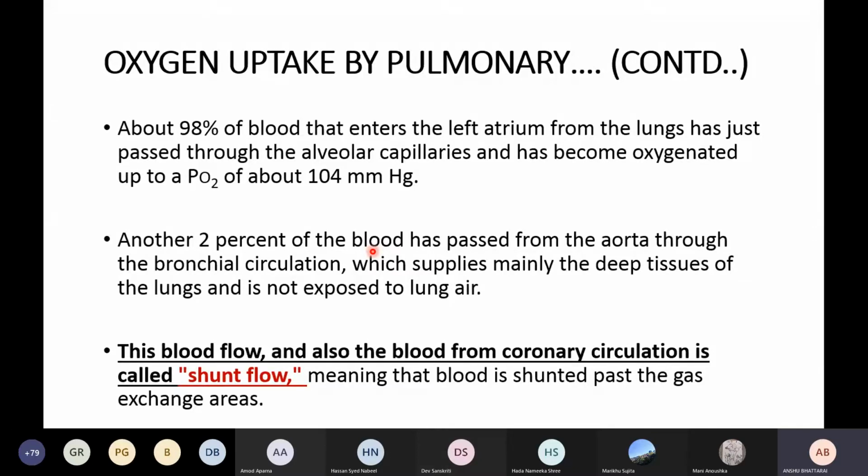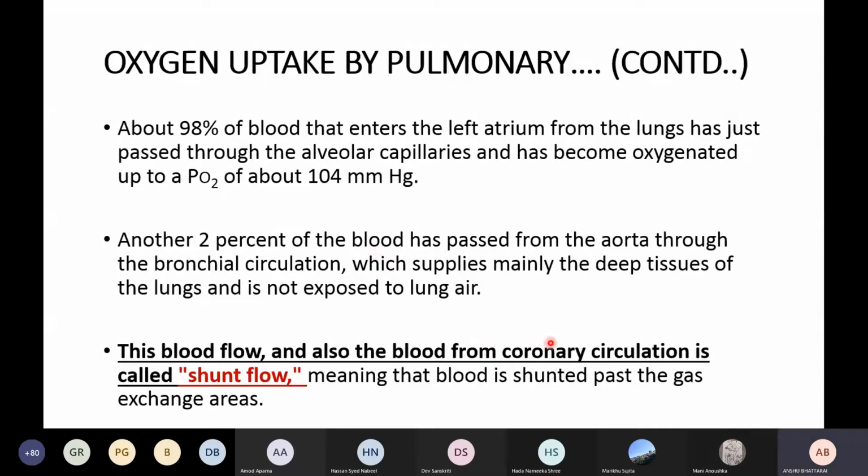Okay, so lungs also need some blood supply, right? And this blood supply is provided by bronchial circulation. The deep tissues of the lungs, the pleura, etc., are supplied by bronchial circulation. And this bronchial circulation bypasses the gas exchange apparatus. That means it does not go through the pulmonary capillaries where gaseous exchange takes place. Okay, that is why it cannot get oxygenated.